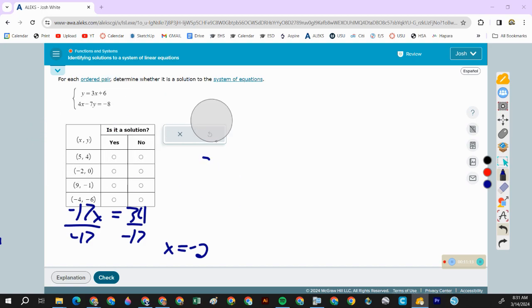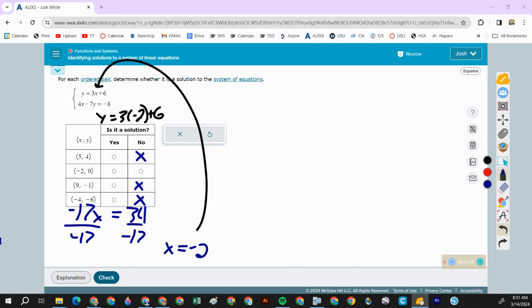Well, that means this one is a no, and this one is a no, and this one is a no. So we plug that negative 2 in for x. y equals 3 times negative 2 plus 6. That equals 0. So this would be a yes. That's how I would solve it. Just find the answer.